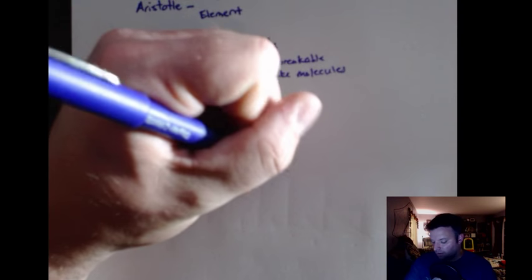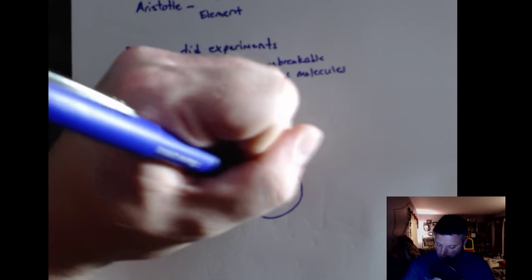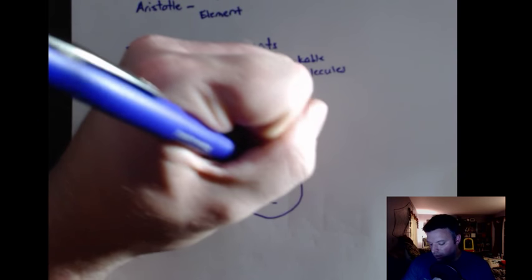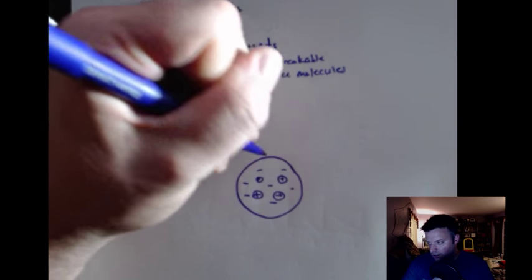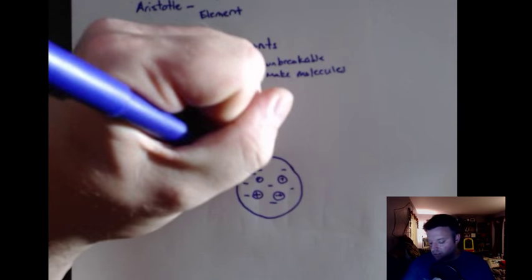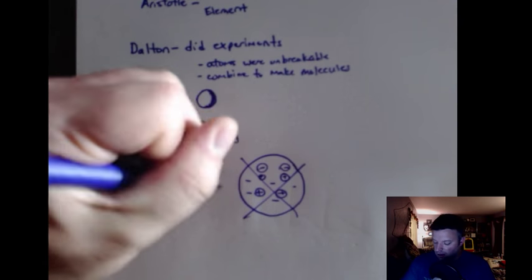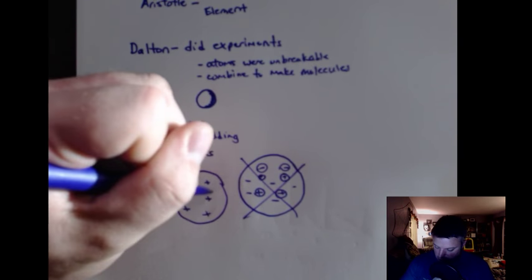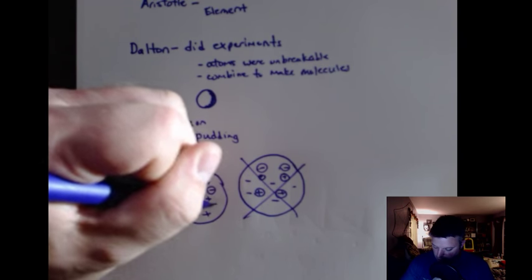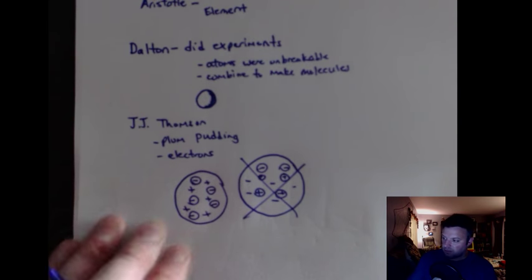So J.J. Thomson's idea of the atom, if you remember, was this matrix of negative charge. Sorry, messed up. You had a positive matrix, and then you had the negative charges floating around in it, just like plum pudding. So you had negative charges floating around a positive matrix.